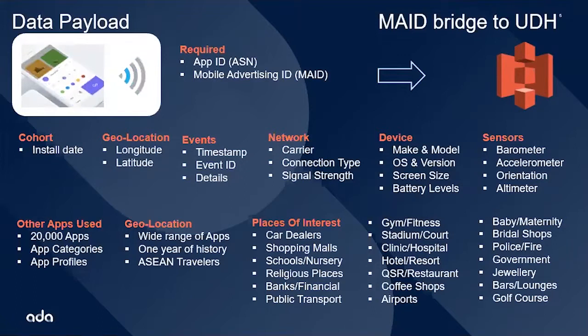Fine dining or quick serve restaurants, fast food, very different lifestyle choices. The morning coffee shop routine or not, that contributes to it. Airports, maternity, this is another interesting one, bridal shops. Government offices, can be interesting to see devices that go there every day for work. Jewelry as a good signal for affluence, perhaps. Bars, lounges, also lifestyle indicators.